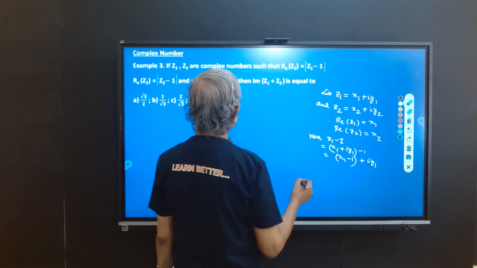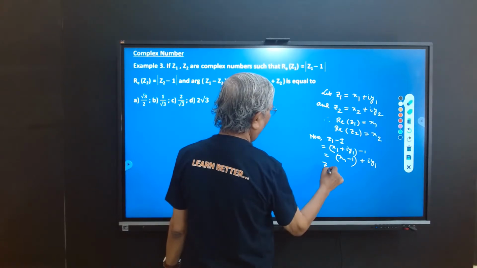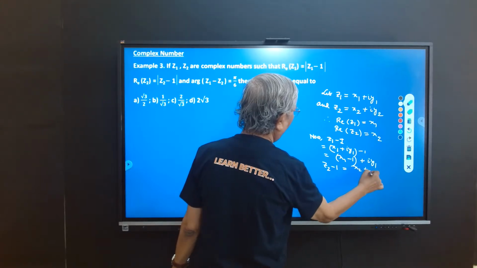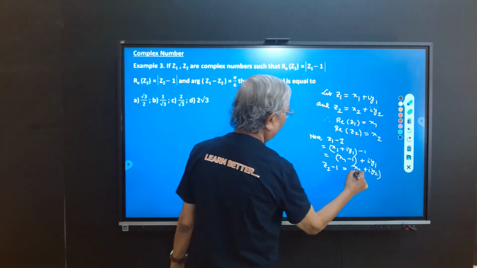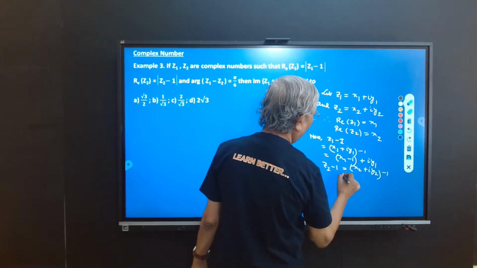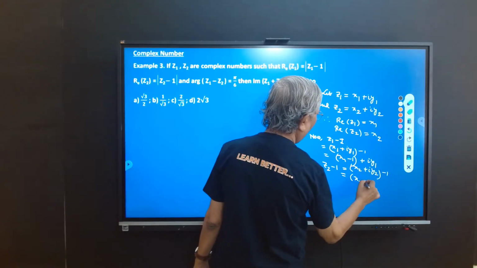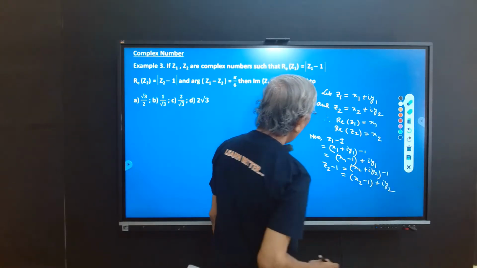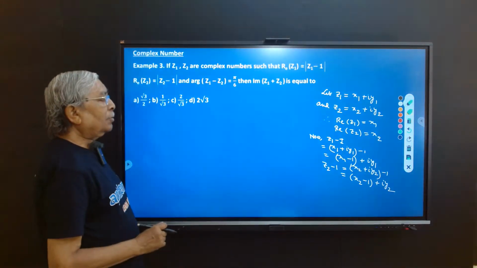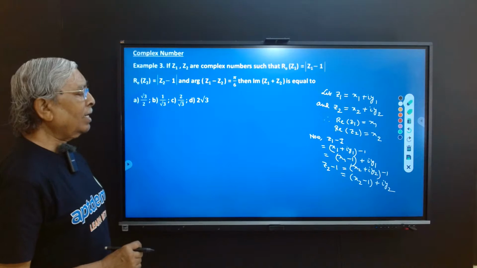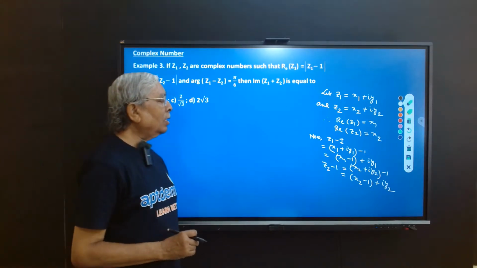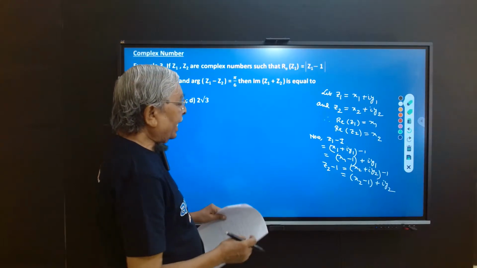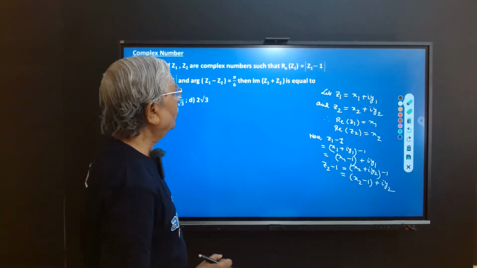And z2 minus 1 equals x2 plus iy2 minus 1, which is x2 minus 1 plus iy2. We have transformed z1 minus 1 as x1 minus 1 plus iy1 and z2 minus 1 as x2 minus 1 plus iy2.